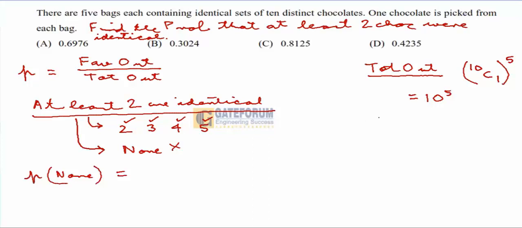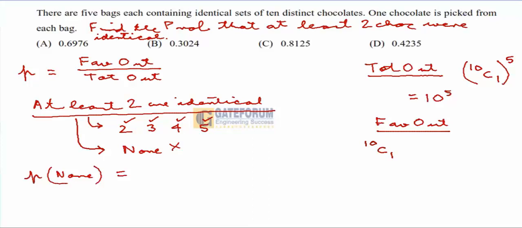Now what about the favorable outcome? Mind it, I am finding the probability that none of them are identical. So to assure that none of my picked ones are identical, from the first bag, out of the 10, I will pick up any one. Then from the second bag, I will ensure that that chocolate is not in my choice list of pickups.